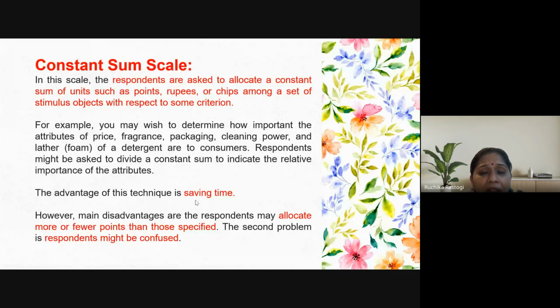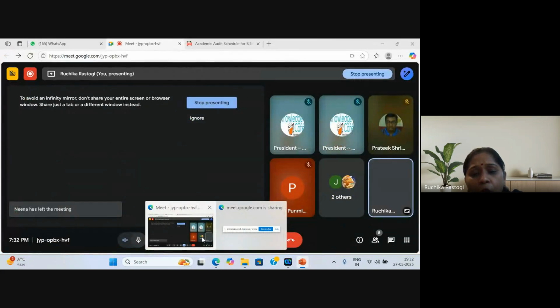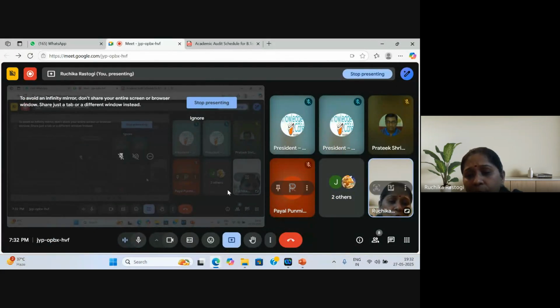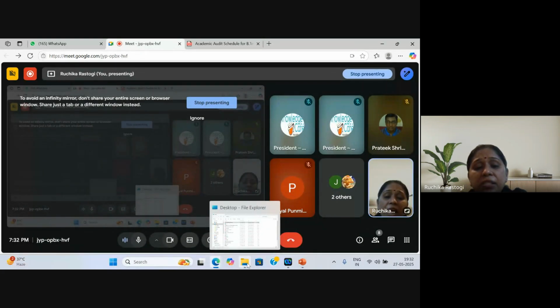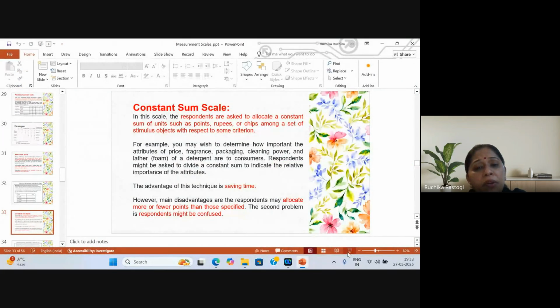For example, whenever you are about to find out the product satisfaction or the customer satisfaction of a particular product, what do you do generally? So what we do, we put some categories, some characteristics, and then we ask, okay, give the numbers. What is the maximum number you want to give?